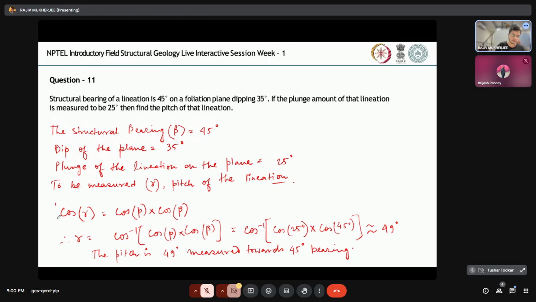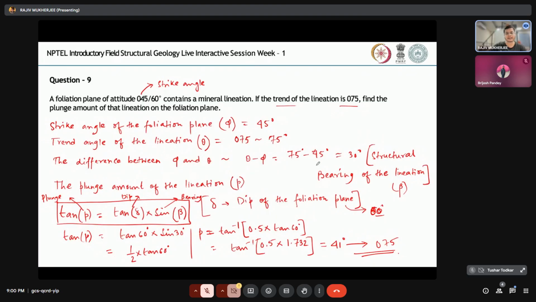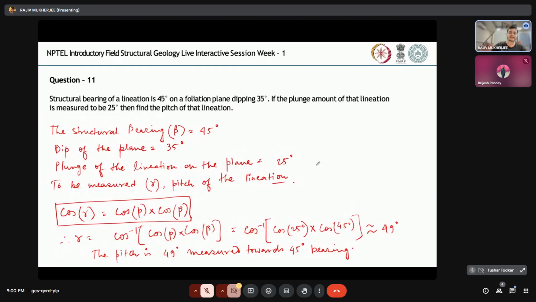And again, you should focus on this formula. Right, this entails the relation between the pitch, plunge, and the bearing. So make a list of the 3 important formulas that I have shown here, and these are the geometric relations between all the structural attributes, the trigonometric relations, and you can easily apply them to calculate the parameters for these kind of problems. They generally appear as multiple choice questions in national level examinations.